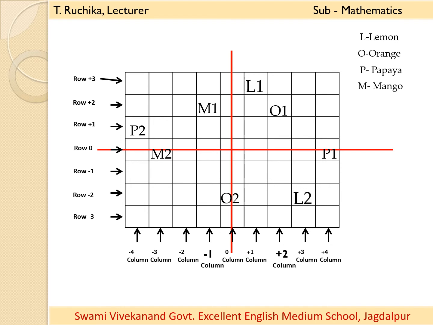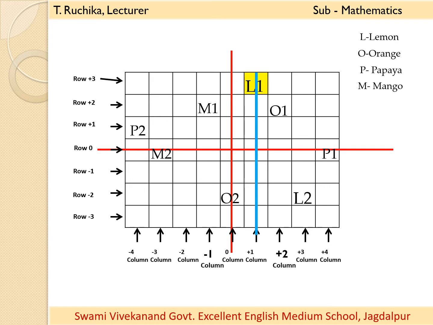The horizontal line is x-axis and the vertical line is y-axis. Here at first we'll find the position of L1, that is lemon tree. Here we can see that L1 is in column +1. So we'll mark +1 column.